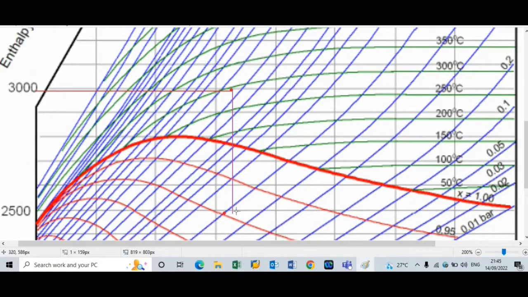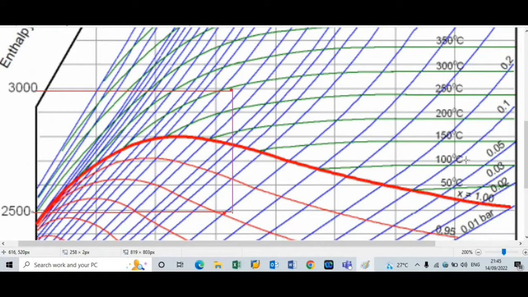Now this point will be the point 2 dash. Again we will draw one horizontal line and it is below 2500. So it is the exact value, that is H2 dash is equal to 2480 kilojoule per kilogram.